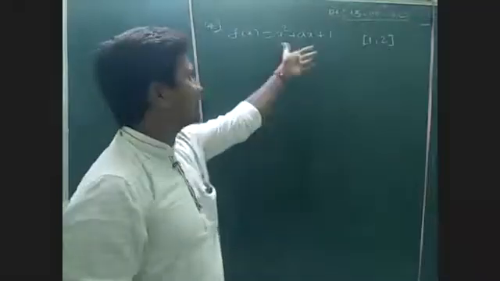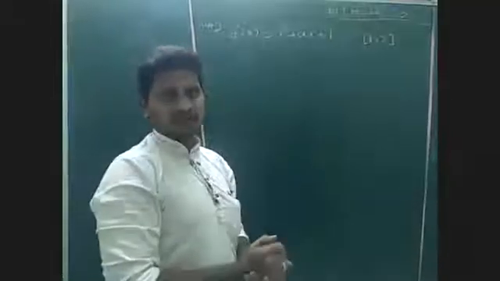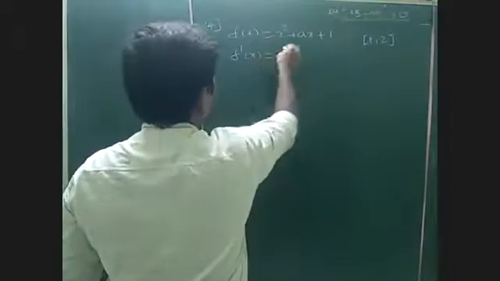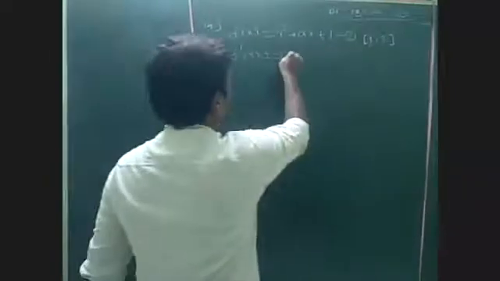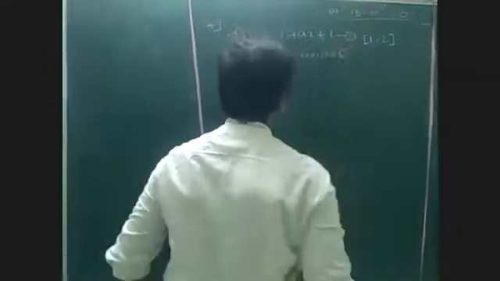Increasing means we find the derivative and it should be greater than 0. Now, what is f dash of x? Let us take this as equation 1. Differentiating with respect to x on both sides: x square gives 2x, plus a into 1, plus 1 whose derivative is 0.